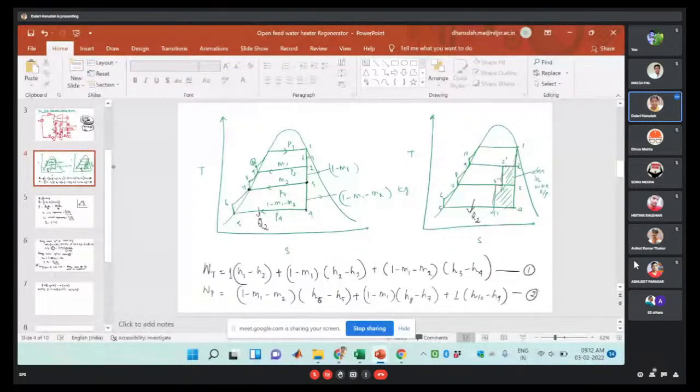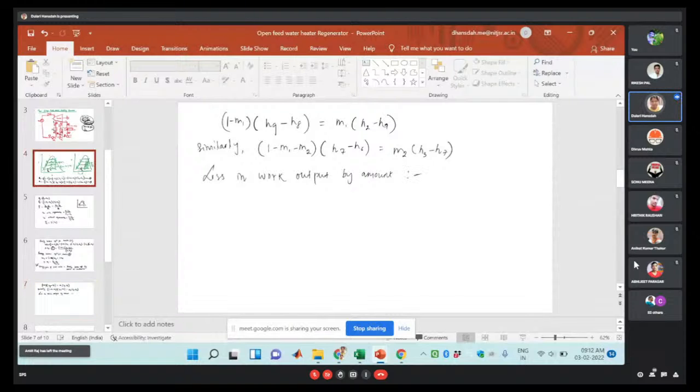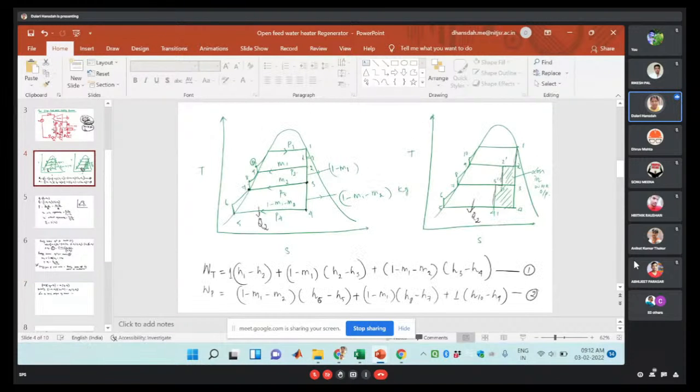The amount I can write down, work output by amount, if you are considering that area, then in actual case that should be the 1 to 4.